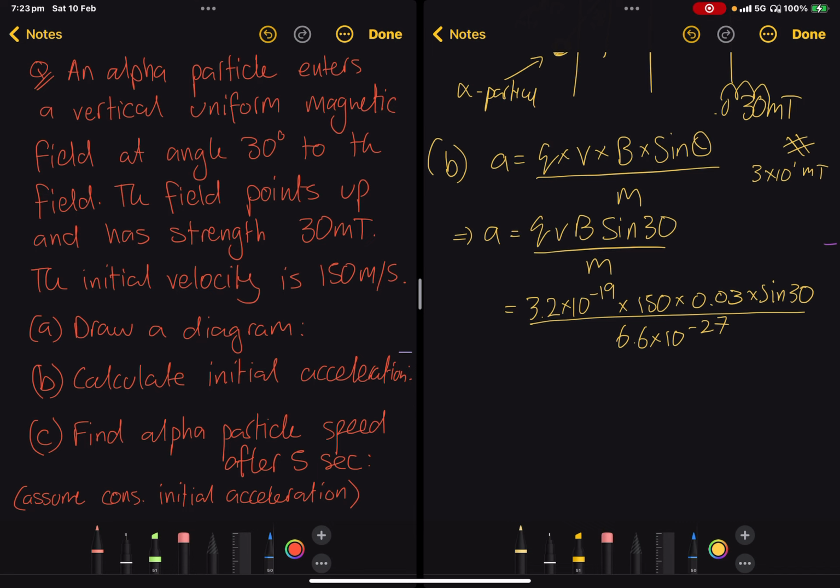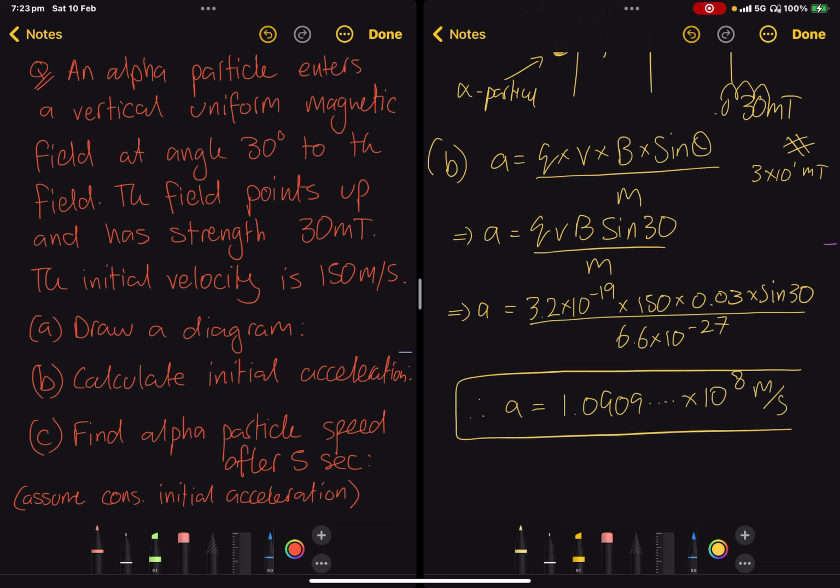My calculator tells me that therefore the acceleration is about 1.0909 times 10 to the 8 meters per second squared. So this is our answer to part B. This is the initial acceleration of the particle upon entering the field.